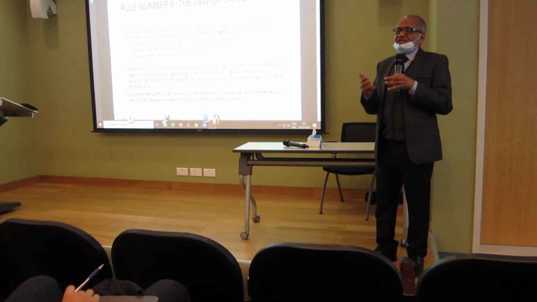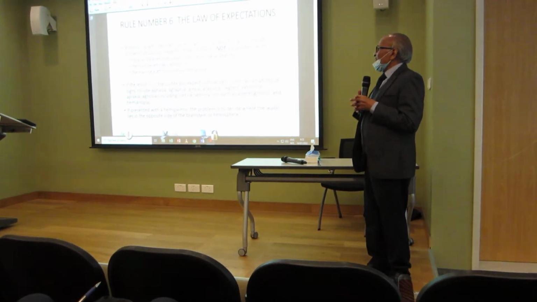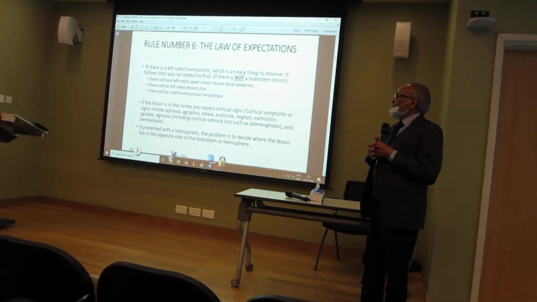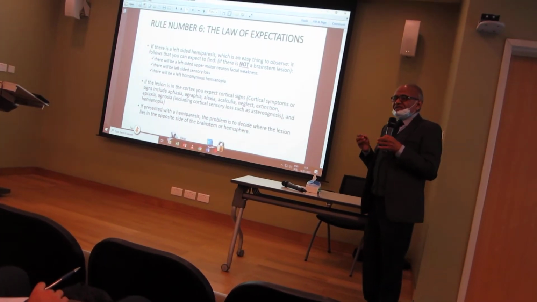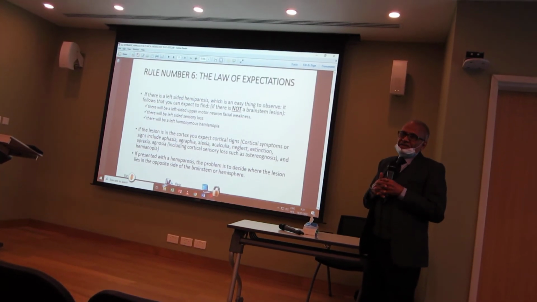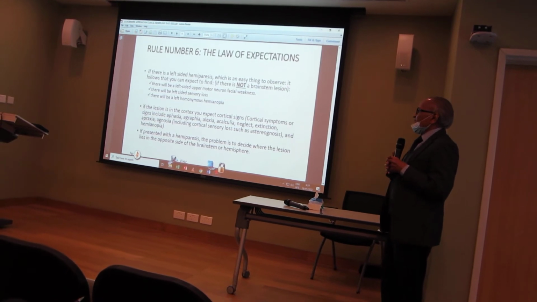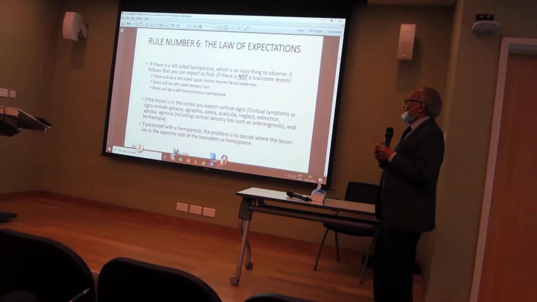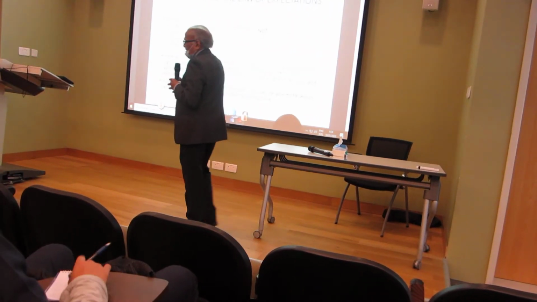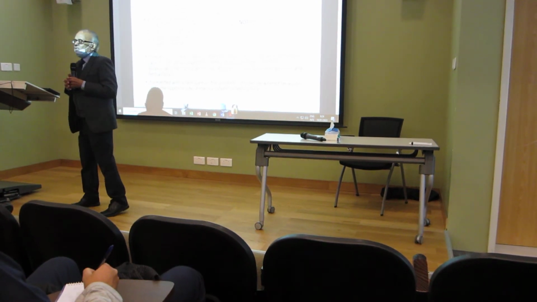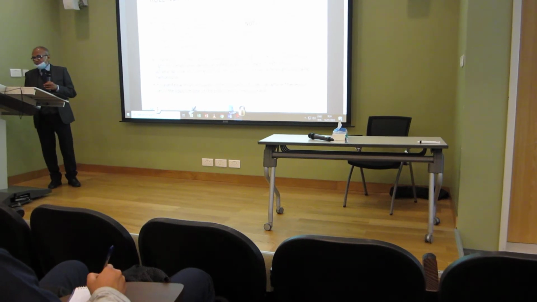Then we have agraphia, unable to write. Then alexia, unable to read. Acalculia, even a simple calculation, 2 plus 2, cannot be done. Neglect, extinction, apraxia, agnosia, unable to recognize. So all these symptoms can be easily checked and can lead to the conclusion that the cortex is involved.